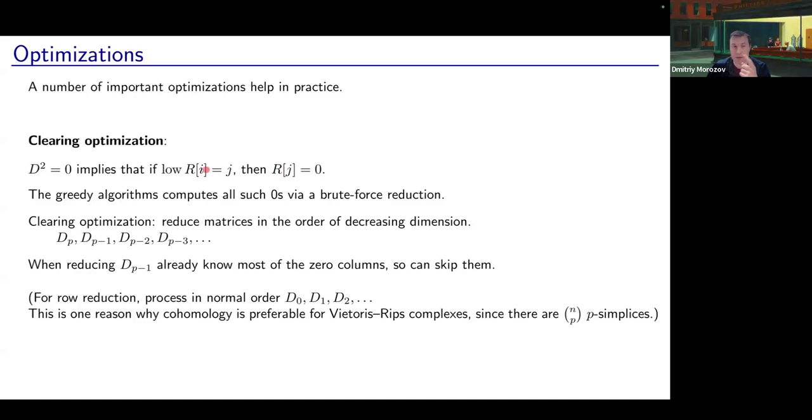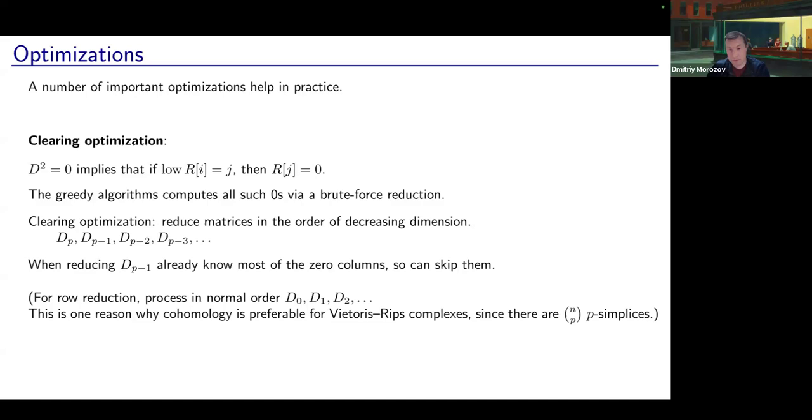In other words, if simplex i kills simplex j, then simplex j is positive and it created a cycle. That's what this is saying. And so the naive algorithm that I showed will compute all of these zeros by brute force. It will reduce the column completely until it shows that this column is 0.